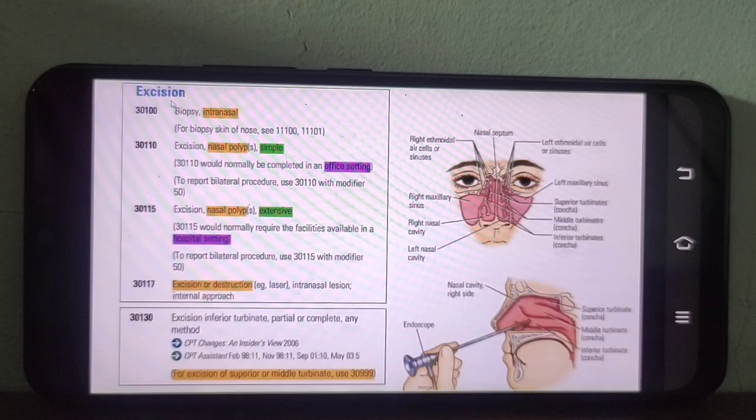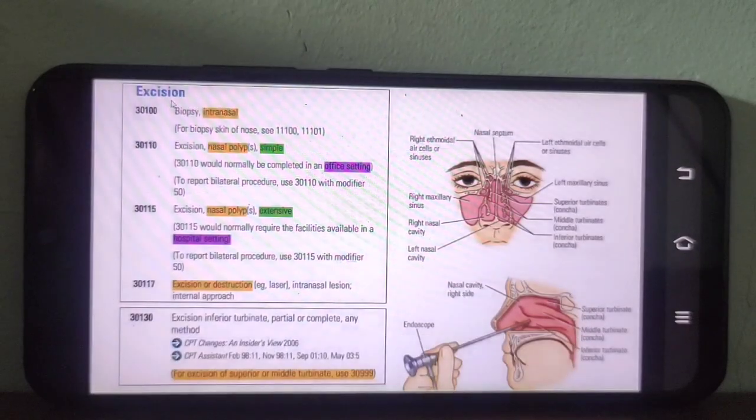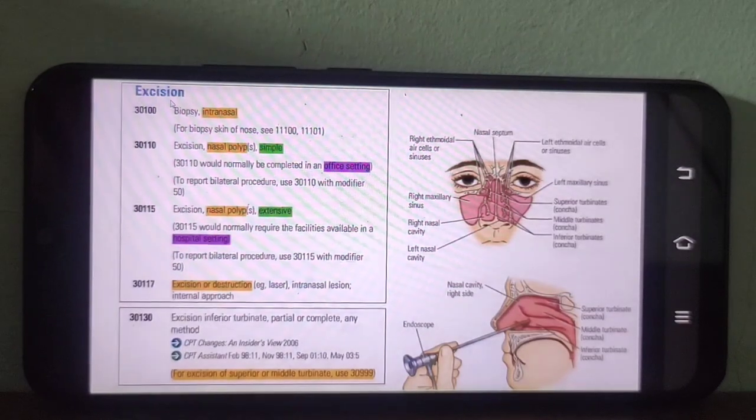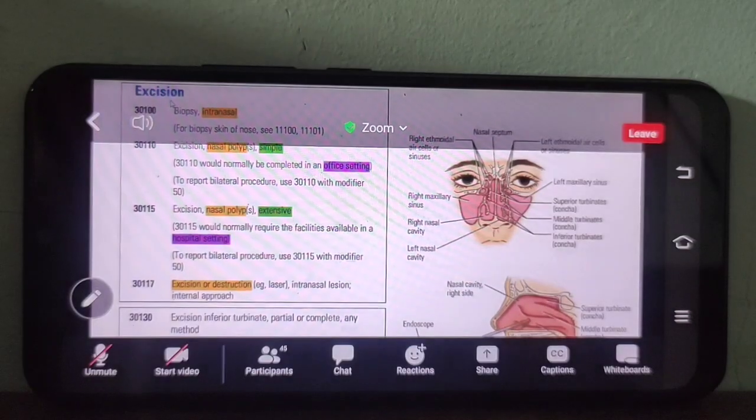For bilateral, meaning on both sides of the nostril, if the procedure is performed on both sides, go for modifier 50, bilateral. And check 30110: what is the procedure, and what is the anatomical site?